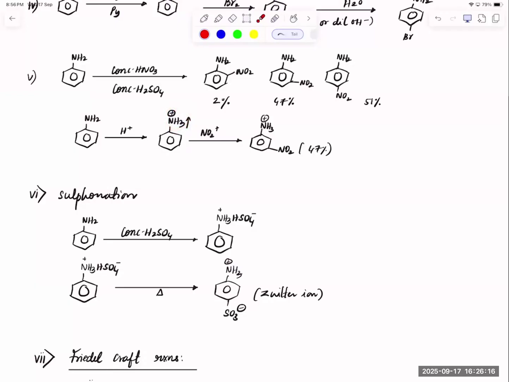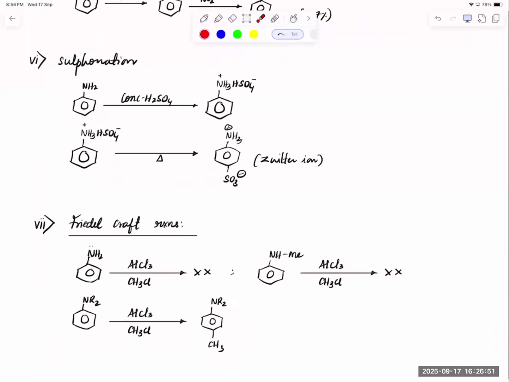Because it is withdrawing group, it will only have a meta directing nature. Benzene ring is deactivated, and on a deactivated ring, ortho and para are the worst positions to attack. So the only attack that can happen is on meta position. So from the meta position, it can take NO2 and get this product. So usually this aniline converting into anilinium ion is close to around 47%. Clear? Right. Next.